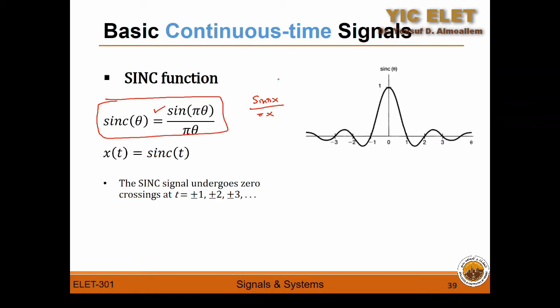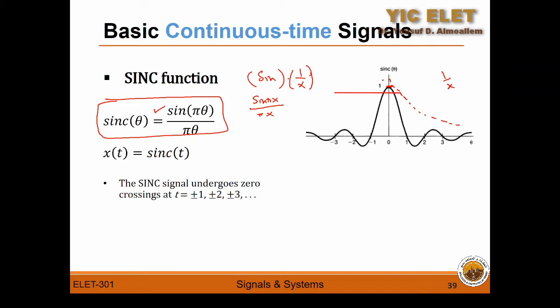It is of two parts. The first part is sine, the second part is 1 over x. These two functions are multiplied by each other. As you can see from the plot, at the beginning it reaches 1, and then it decays, as 1 over x is decaying, at the same rate as 1 over x.